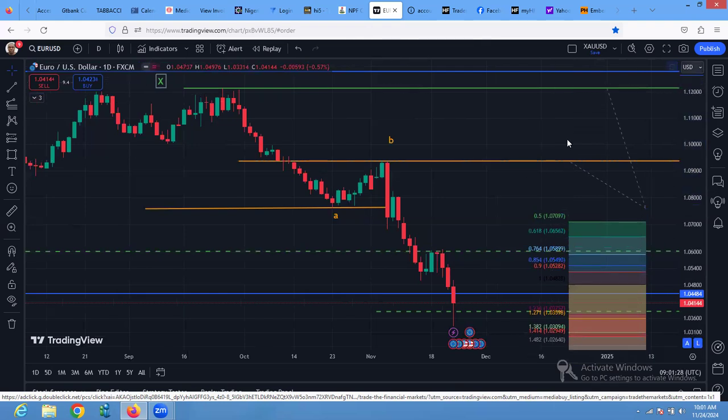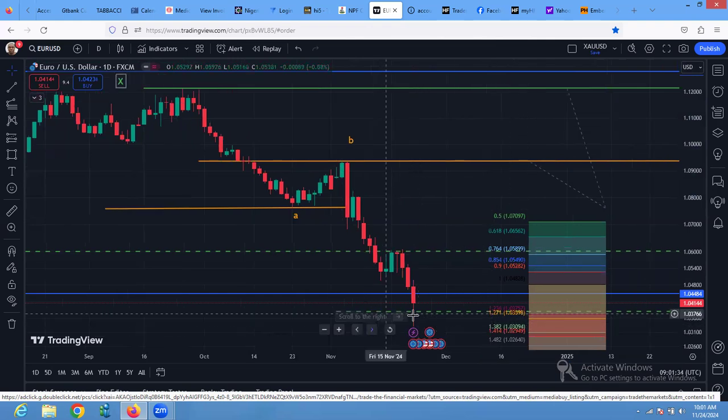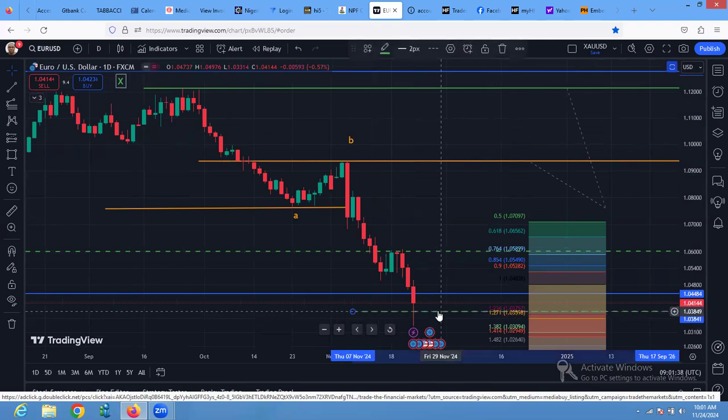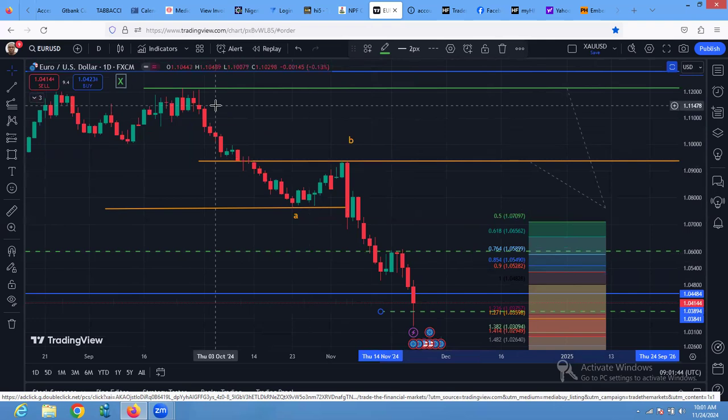Now, if you look at it, this area that is 1, 2, 3 of the WXY, this is 100 now. So we are looking at what is going to give us an A, B, and a C to the downside.